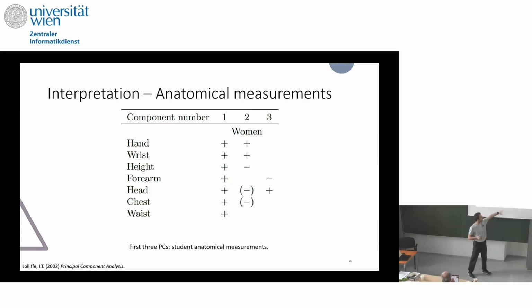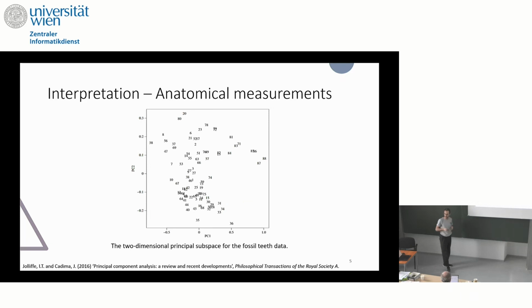The second component makes more of a trade-off between the size of the hand and the height. It means that the second trend of variability is between tall people with small hands and small people with large hands. And we can draw similar analyses and conclusions from other anatomical measurement data sets.